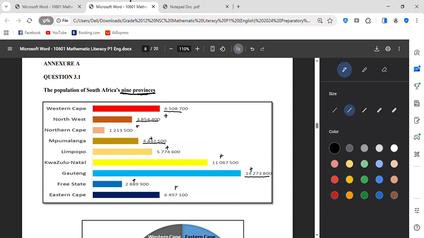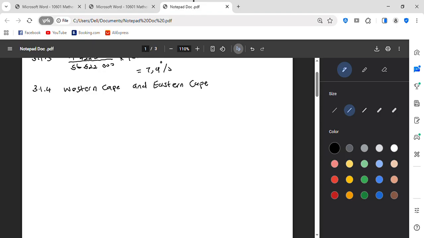So Western Cape is 6,508,700, and Eastern Cape is 6,497,100. Let's do the difference. So for the difference we are going to say 6,508,700 minus 6,497,100, this is for the Eastern Cape.